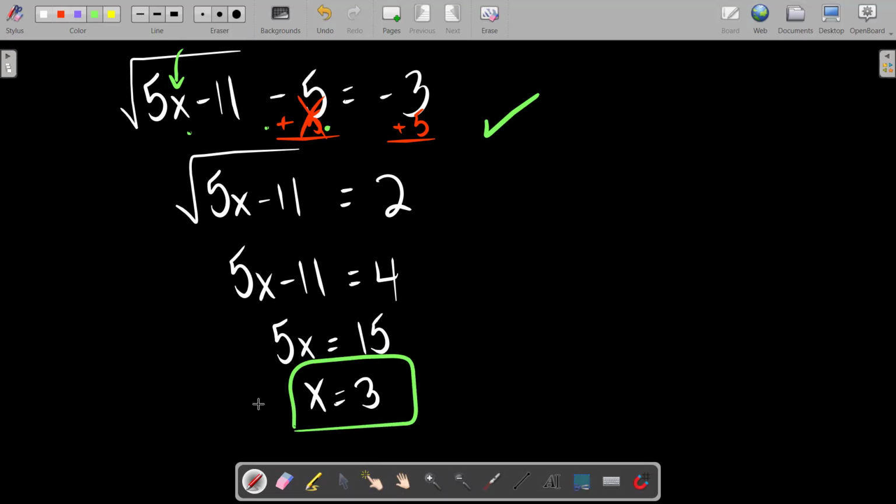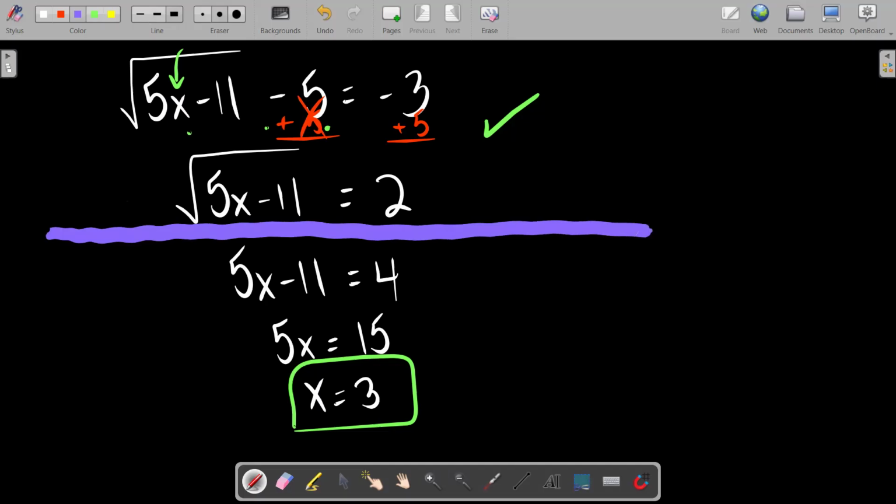You can put it in the very original problem if you'd like, or you can put it in the one before, provided that you do it before the squaring. Any sort of rooting or exponentiation is where the extraneous solutions, the bad guys, show up. So make sure you check your answers before that. They'll always work below the purple line. That's not what we're interested in. It's do they work before the purple line?